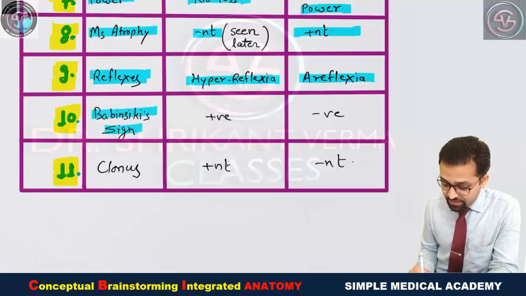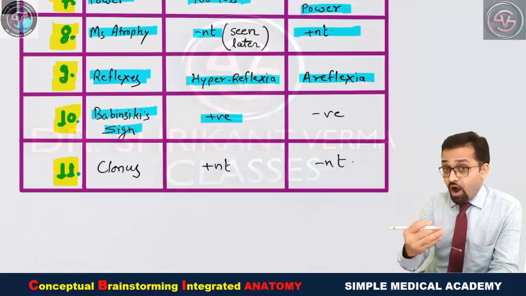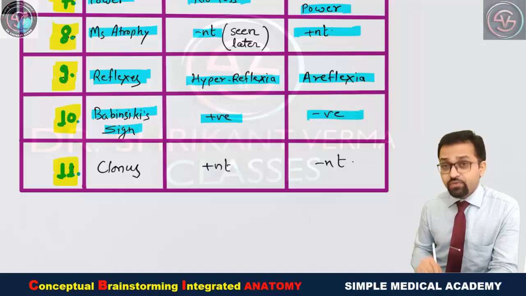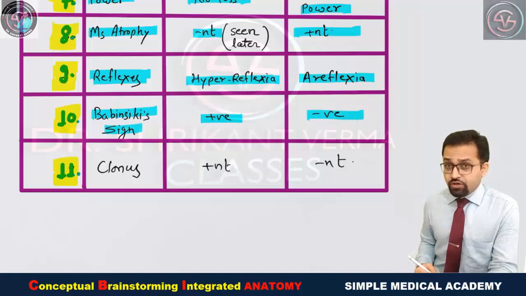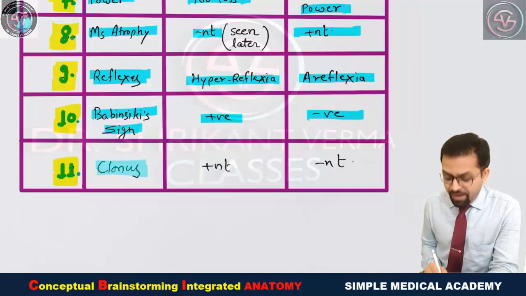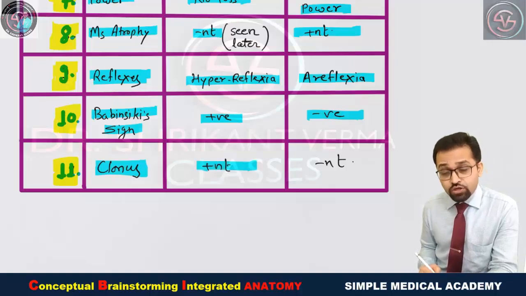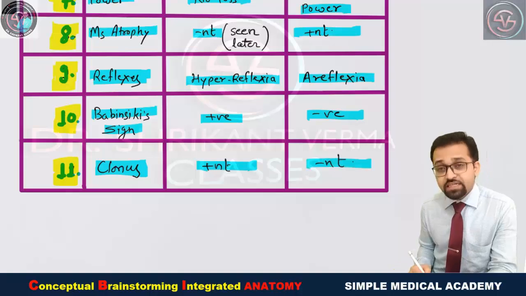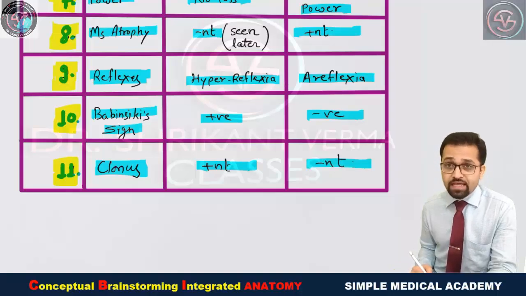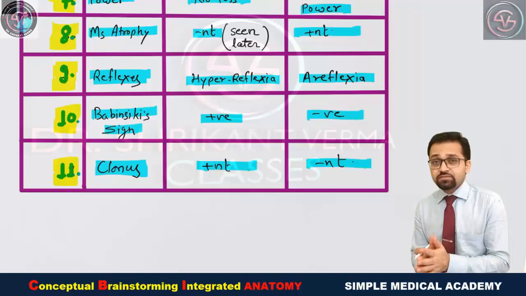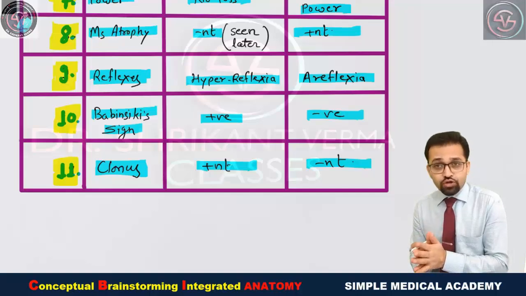Babinski sign, we have seen that it is positive in upper motor neuron paralysis, while negative in lower motor neuron paralysis. And clonus, pendular jerky movement, is present in upper motor neuron paralysis, while it is absent in lower motor neuron paralysis. So these are the various differences between upper and lower motor neuron paralysis.